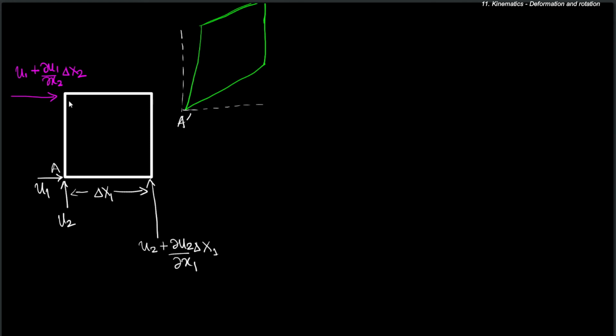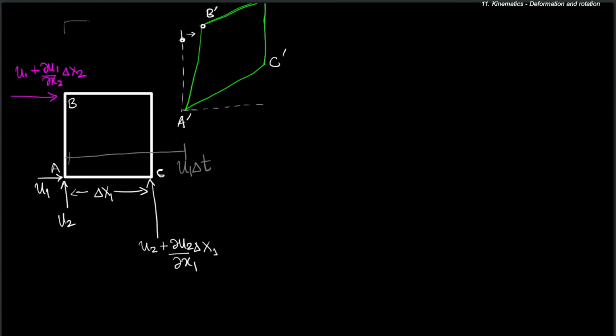Now if I call this point B, because of the gradient in velocity, point B is not over here but rather it shifts in this direction. So this is now B prime. If I call this C, this will be C prime. Now over a time delta t, the displacement of point A in this direction, so this particular distance, will be u1 delta t.